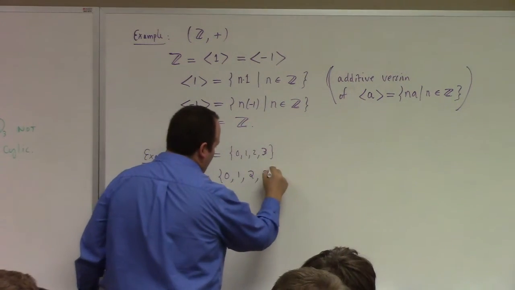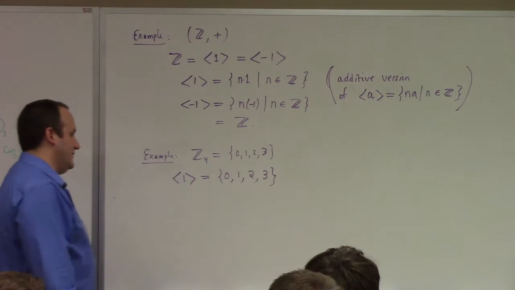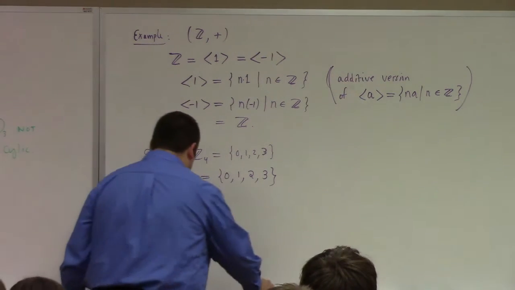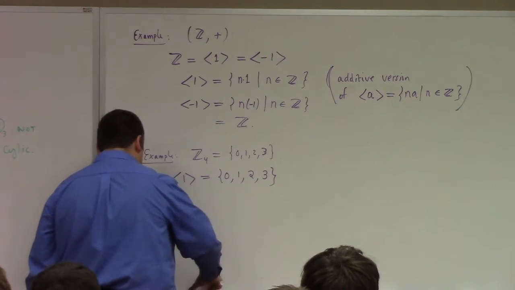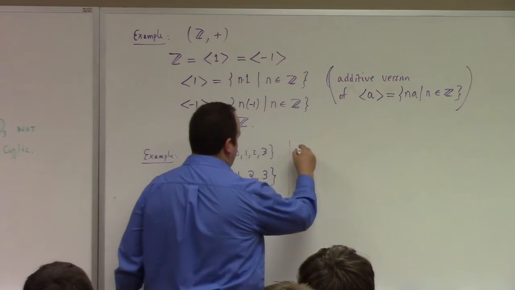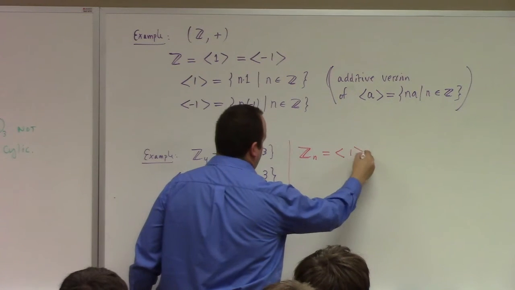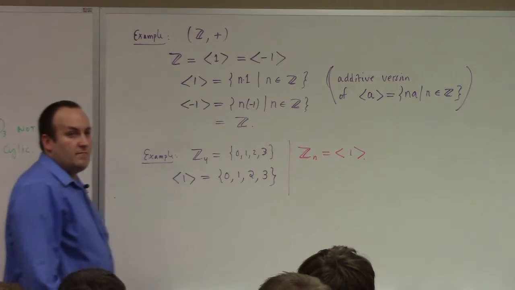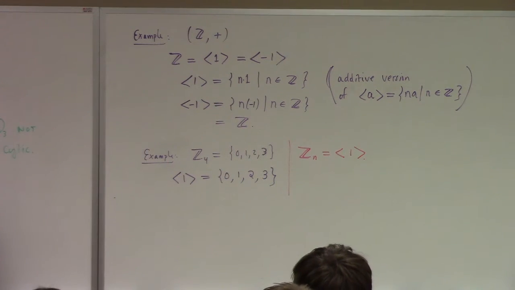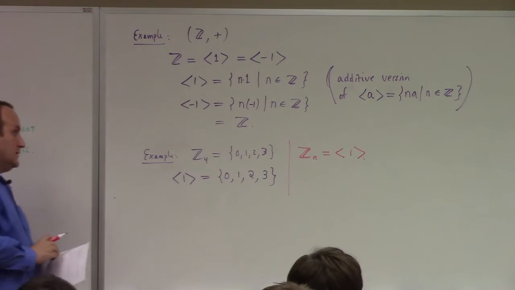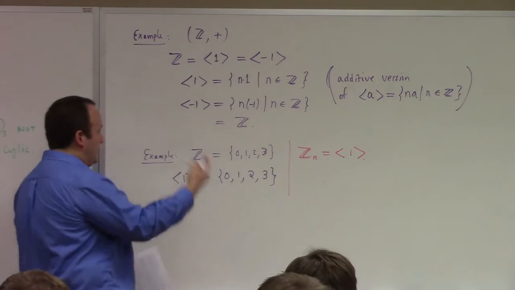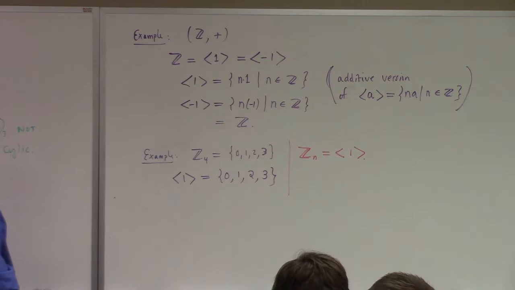Anyway, this thing I just did, we could just as well up the ante a bit. I think you can pretty easily see that Zn is cyclic, generated by 1. So 1 is always a generator for Zn, and for pretty much the same reasons.